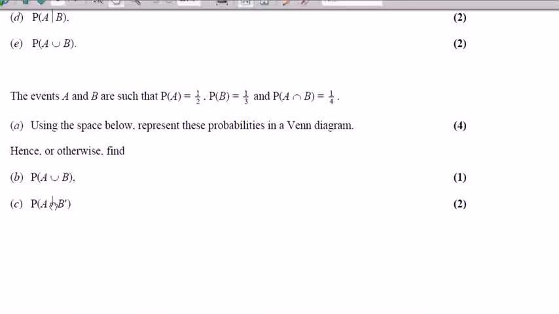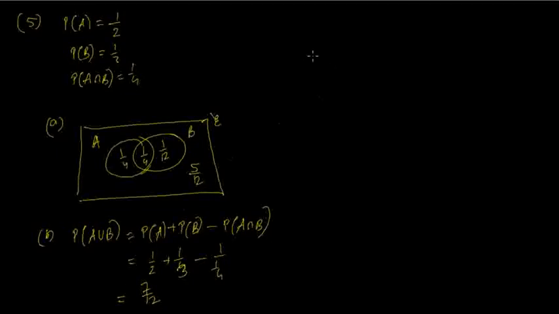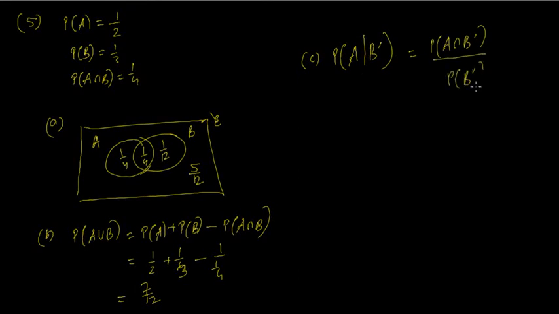Now we have to find A given B prime. So probability of A conditional on B prime is going to be the first one intersection the second one divided by the second one. Now from the Venn diagram, we know A intersection B prime is this region. From A, remove the intersection. So this is 1 by 4, directly we can use from the Venn diagram.